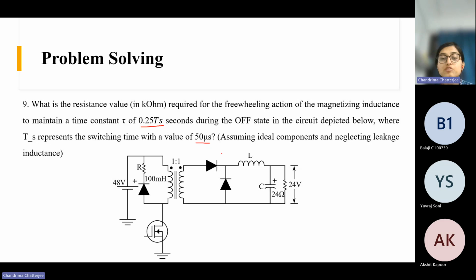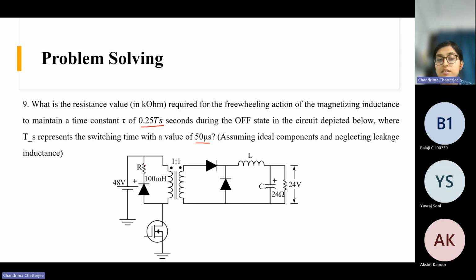And assume the diodes are ideal and the transformer has no leakage. So again, this is the core resetting circuit, but the lossy one where we are using this resistance that I showed first, right? This is the lossy core resetting circuit.